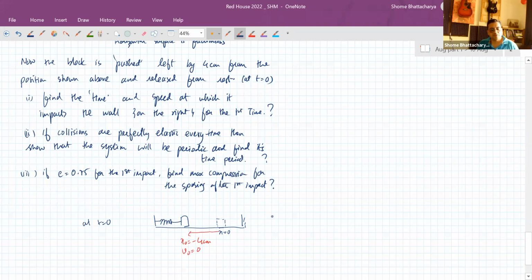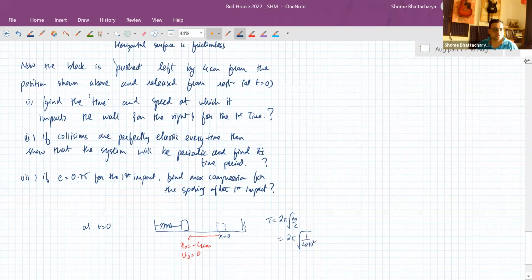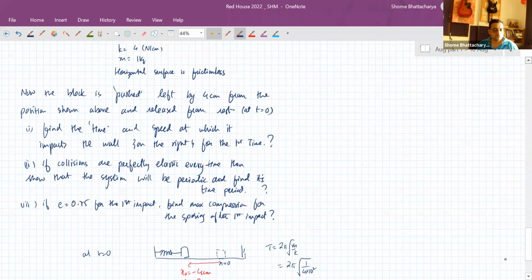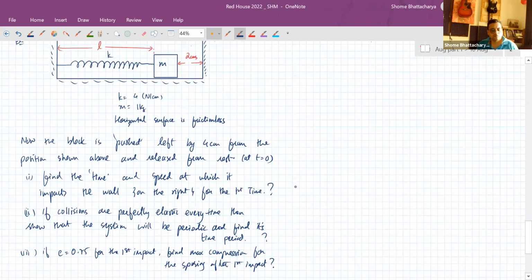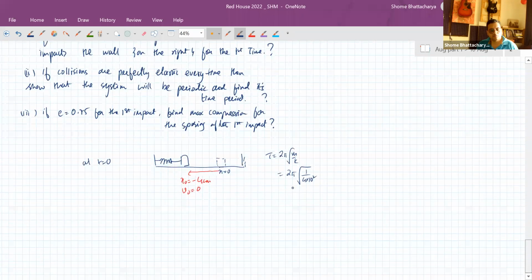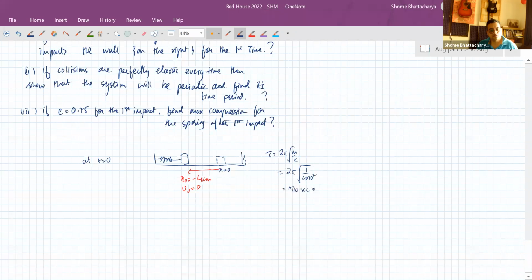So once again, the time period is 2 pi under root m by k. Spring constant was given as 4 Newton per centimeter. So this is becoming pi by 10 seconds, or approximately 0.314 seconds.